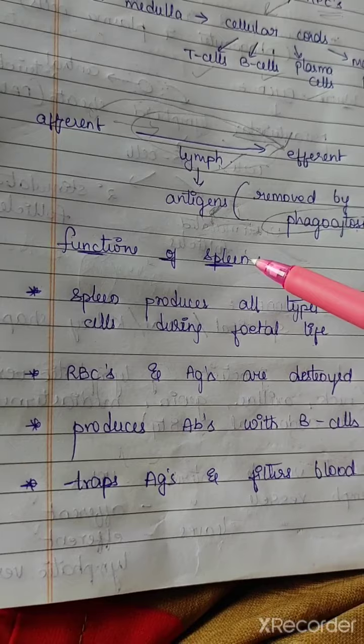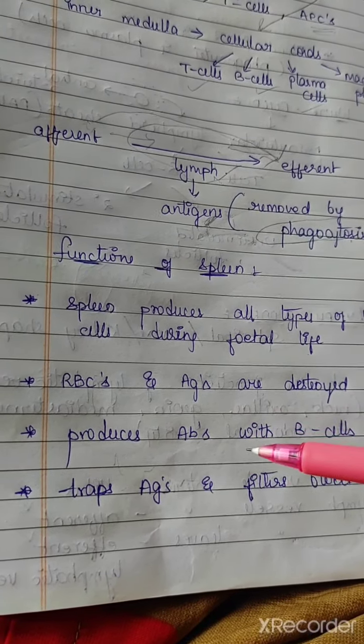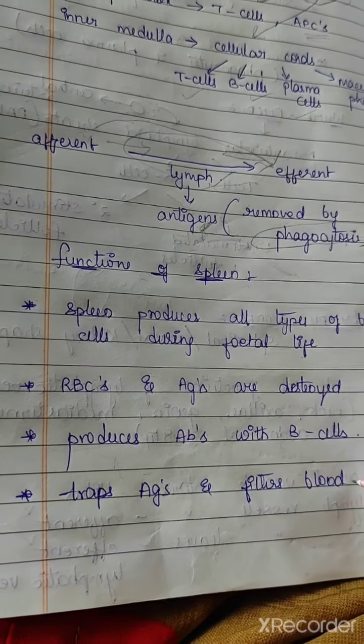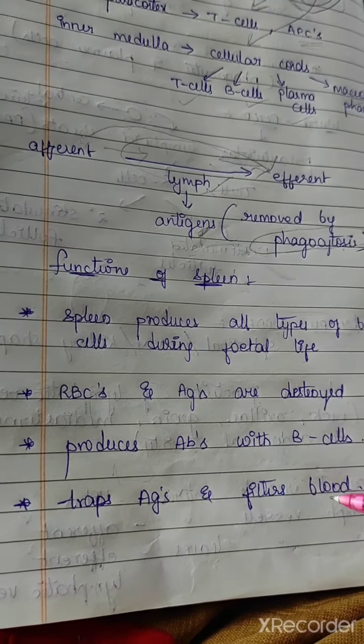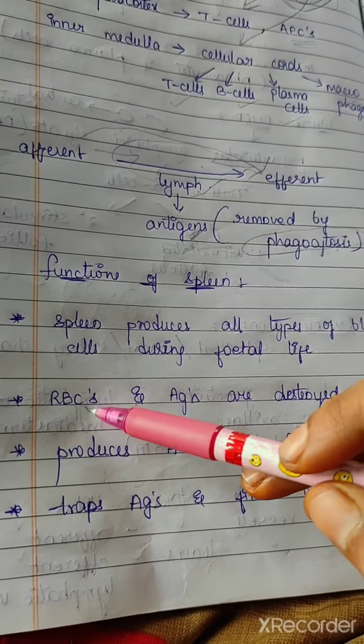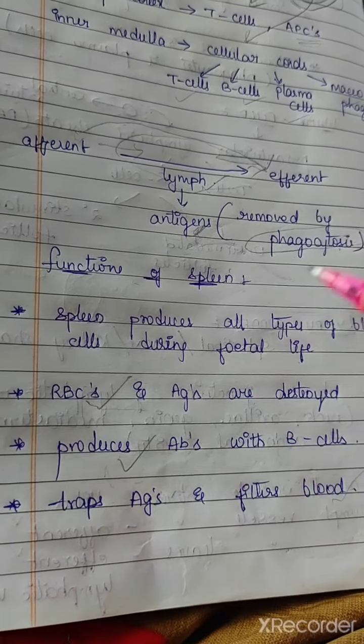The spleen will be trapping the antigens which are coming from outside and filters the blood. So what is the major function of this spleen? It filters the blood, it kills the RBCs and it produces antibodies. Okay.